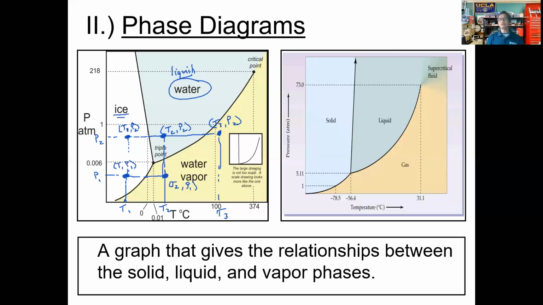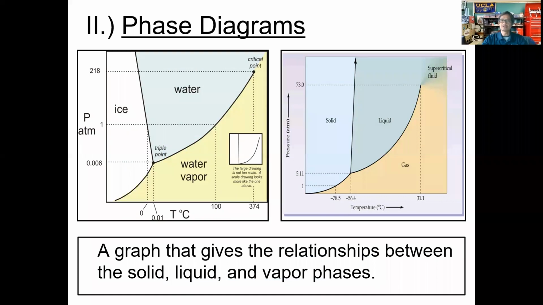The phase diagram shows us the relationship between the different states of matter, and also how we can change those states by altering pressure and temperature. We're all familiar with temperature changes, but now we can see that pressure changes also cause a change in state.